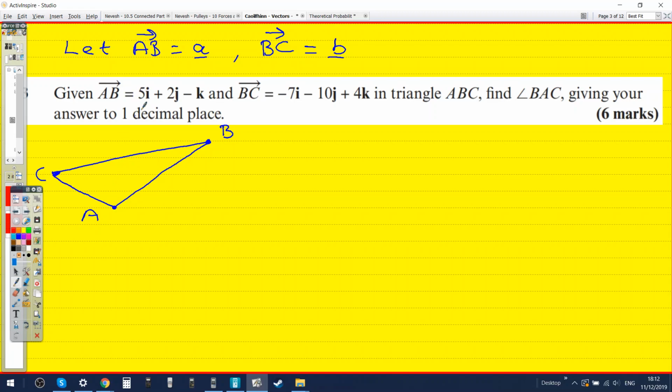And so A to B is this one, B to C is this one, and then we need the angle BAC, so we wanted this angle. I believe to find that angle, we would need to have AC.